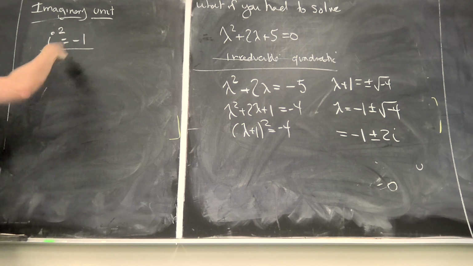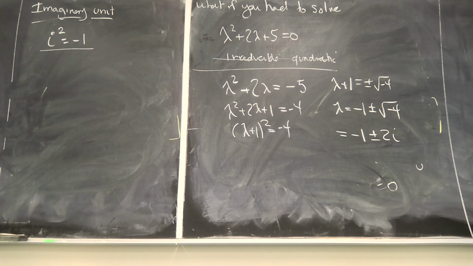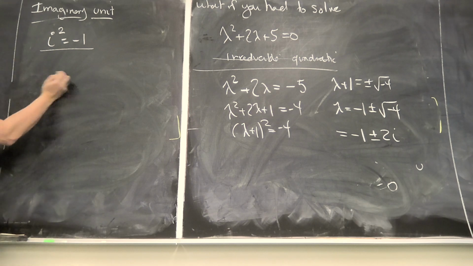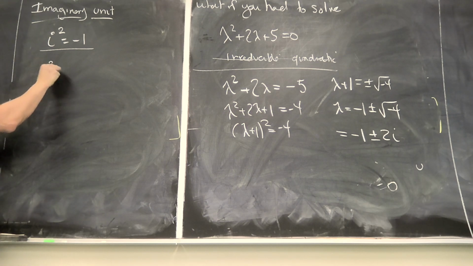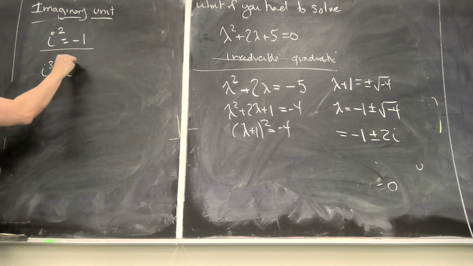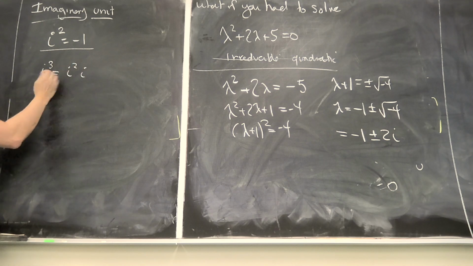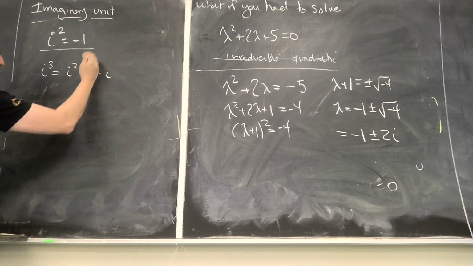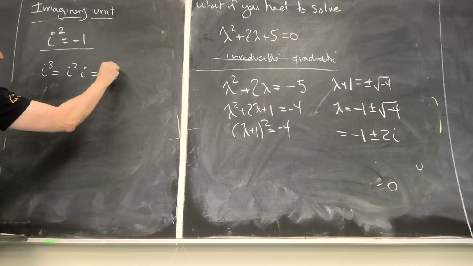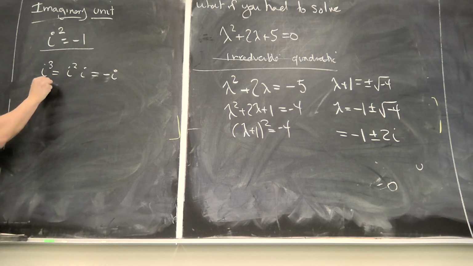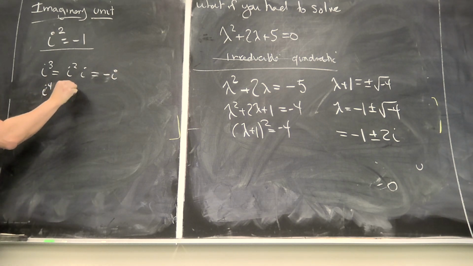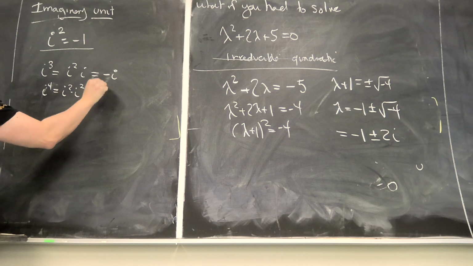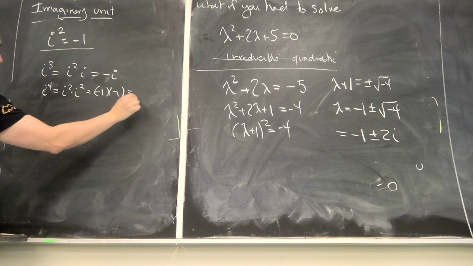So, if i squared is equal to minus 1, it means successive powers of i follow a pattern. If i squared is negative 1, then i to the third is i squared times i, which is minus i. i to the fourth is i squared times i squared, which is minus 1 times minus 1, which is 1.